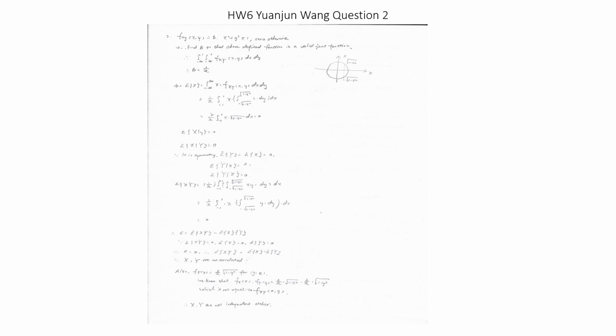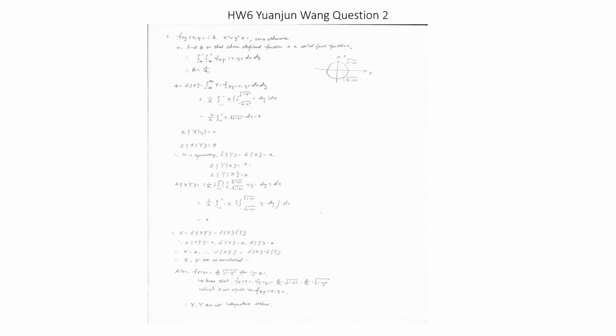And then we do the calculation, we find out it's going to be equal to 1 over pi times the integral from negative 1 to 1 of x times the inside integral of y dy dx, and then it's going to be equal to 0.